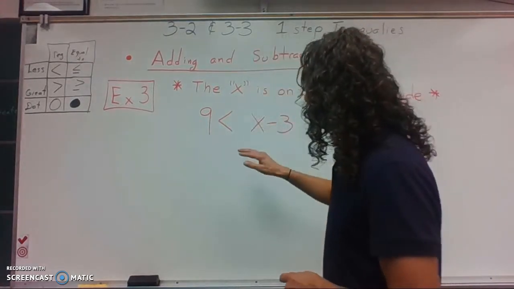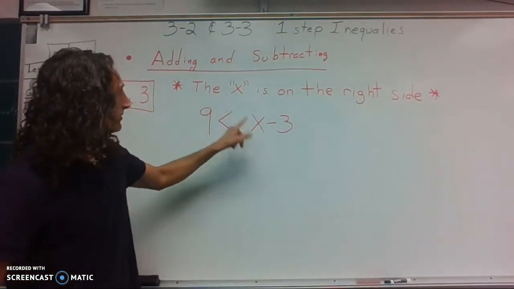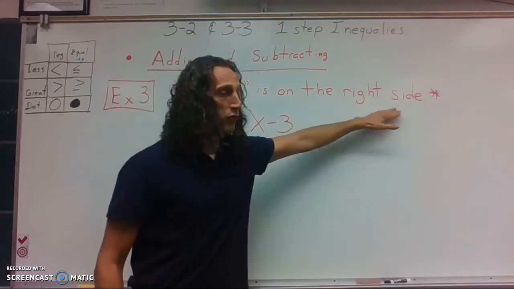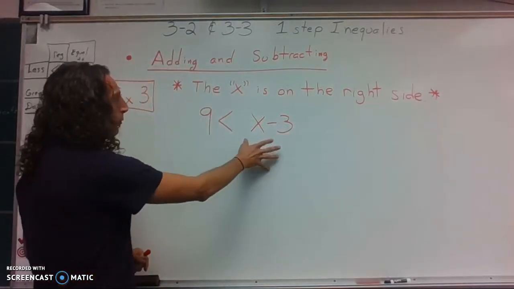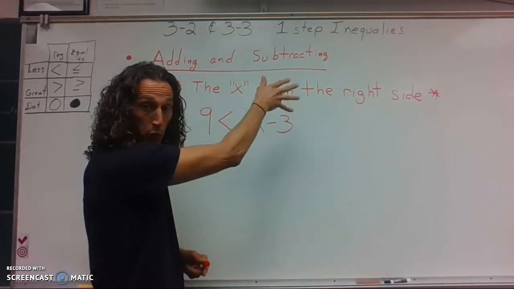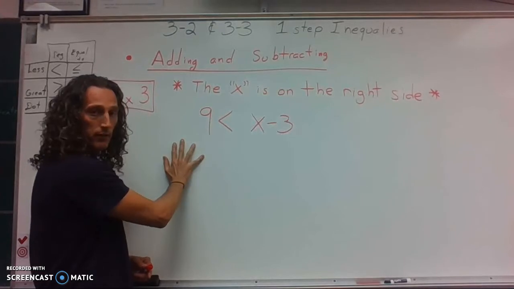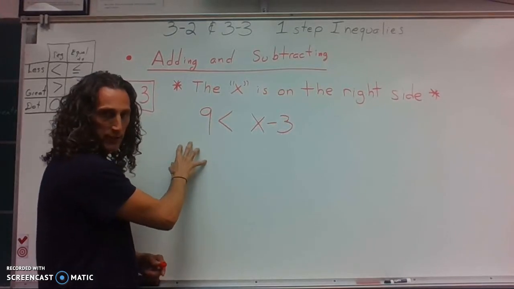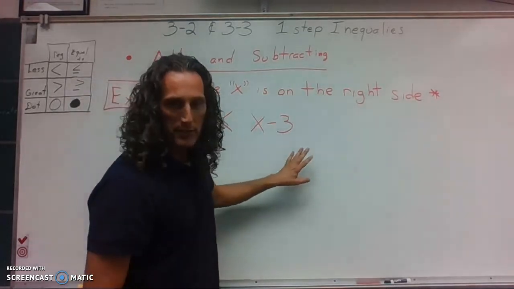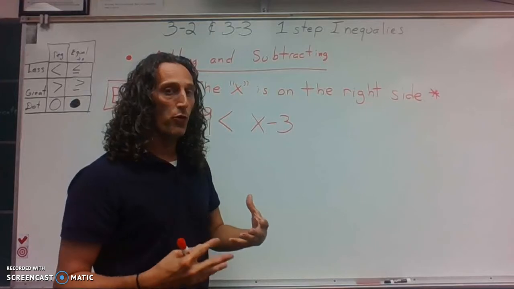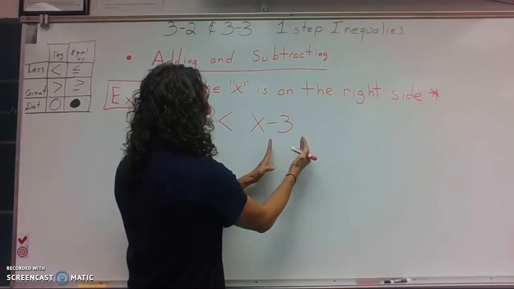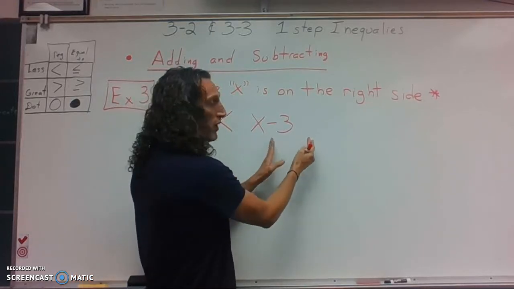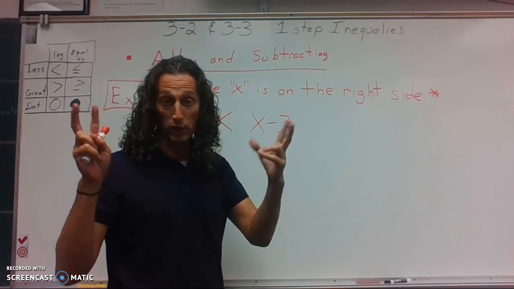So here, the x, right, it's on the right-hand side. Where in example 1 and 2, the x was over here. And we like it when the x is over here. So there is going to be something that's going to change at the end with our graphing when they put the variable or the x on the right-hand side or the wrong side.